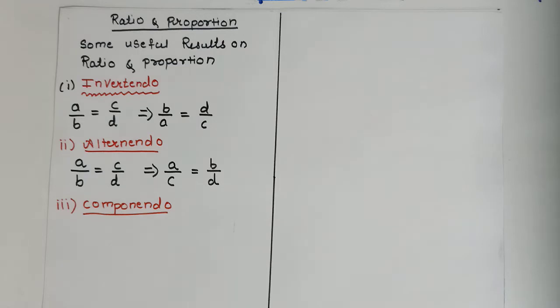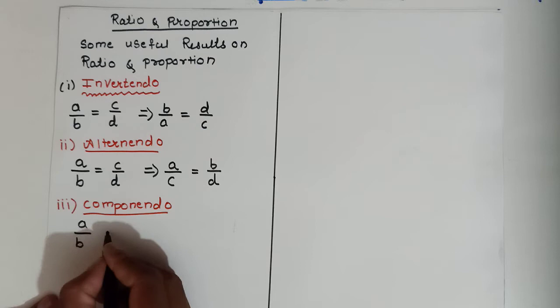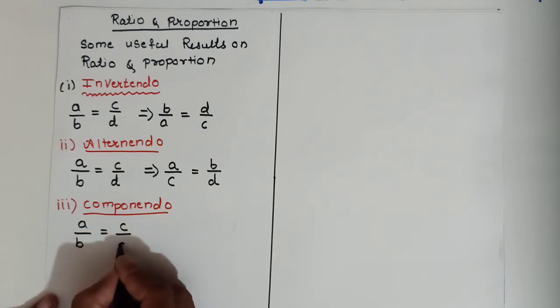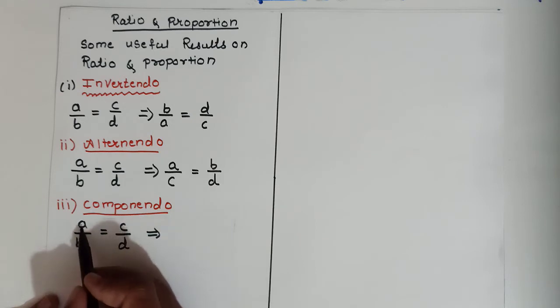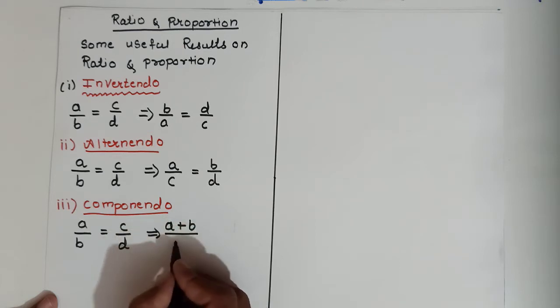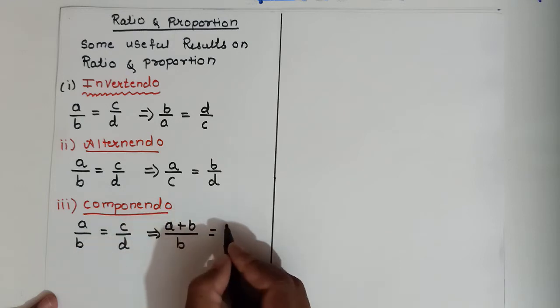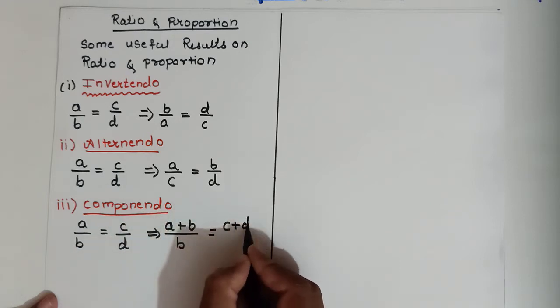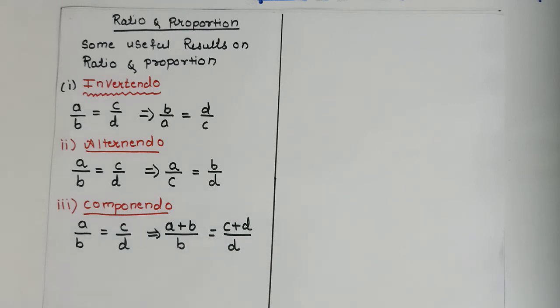If the terms are in proportion, for example A upon B equals C upon D, then after applying the componendo property, we add A and B, A plus B, and the denominator will be the same. In the same way, C plus D divided by D. This is your componendo property.